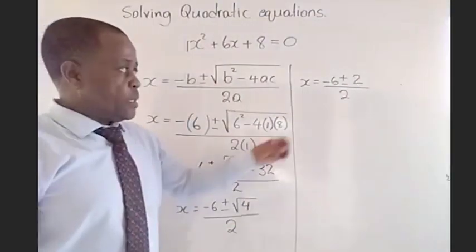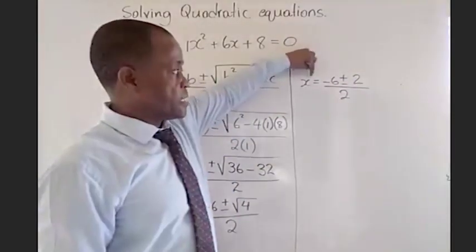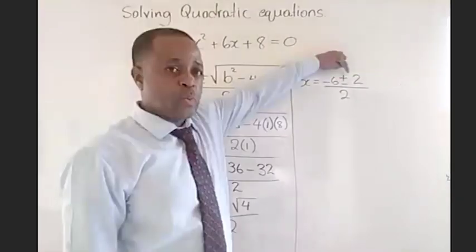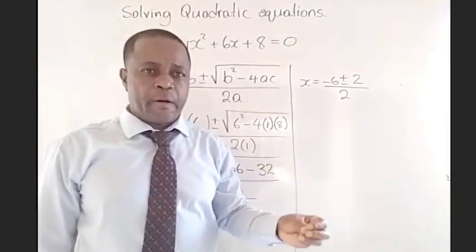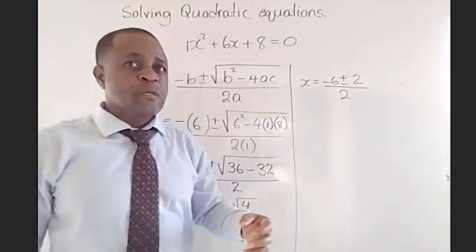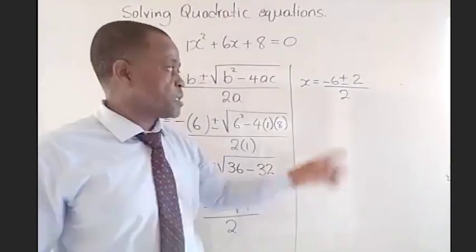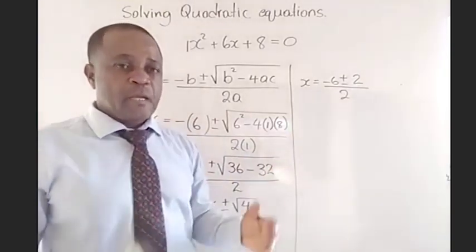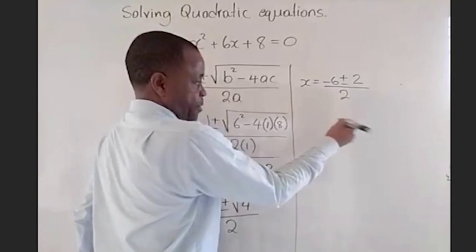Now, when you reach this point, notice here it says x is equal to negative 6 plus or minus 2. The fact that they're using the word or, plus or minus 2, suggests to you that they should be separate. All right, so we are going to separate them now.